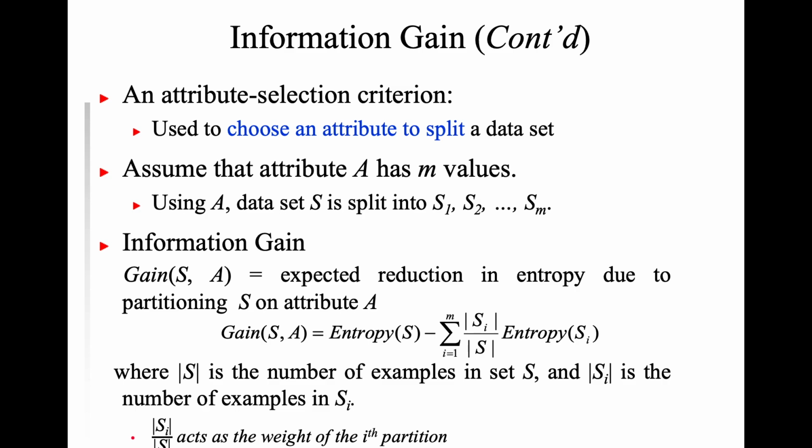So now, if our feature is outlook, we say that using a feature, a data set is split into S1 to Sm. What does M represent here? The number of distinct values of each feature, right?